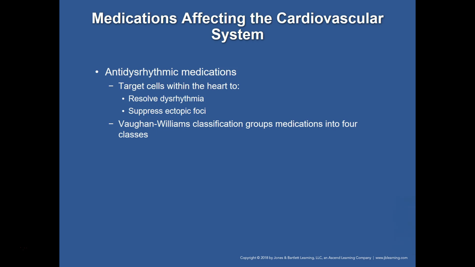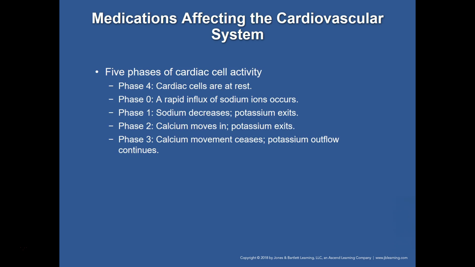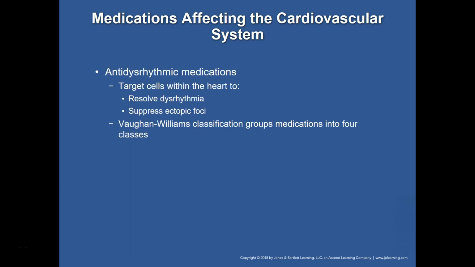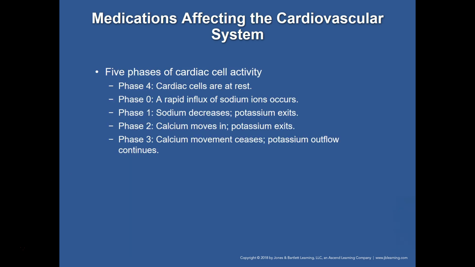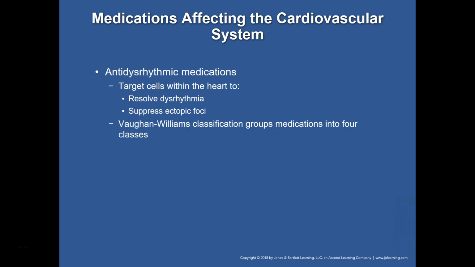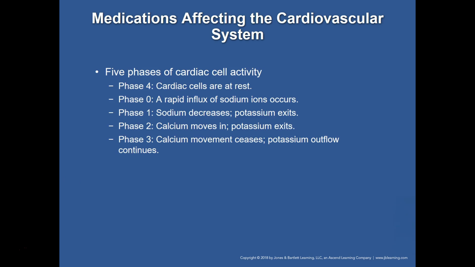There's a Vaughan Williams classification for groups of medication, and it puts the antidysrhythmic medications into 4 classes. Don't worry about what those 4 classifications are, but antidysrhythmic medications is a good general category to know in order to plug some of your medications in.